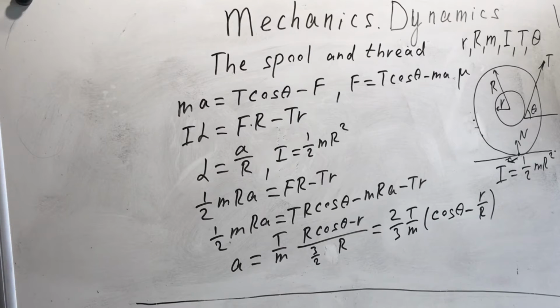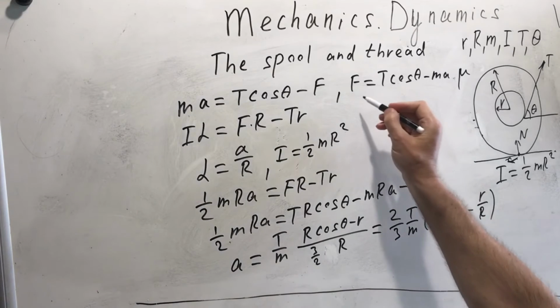The last thing is we need to investigate how big this T could be, because if T is very big, force of friction cannot exceed mu multiplied by normal force. And let's see what it is.